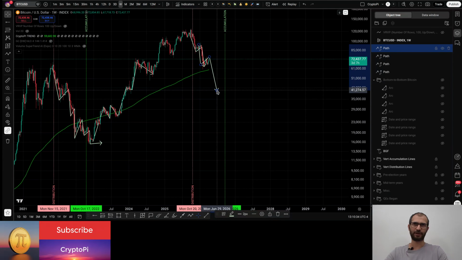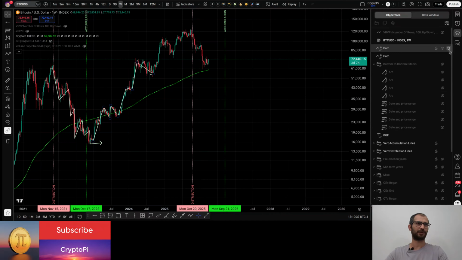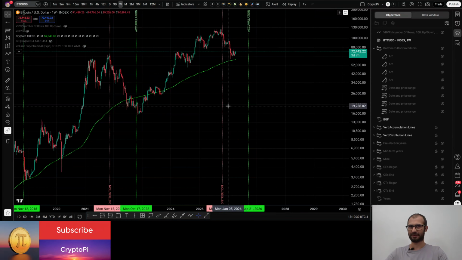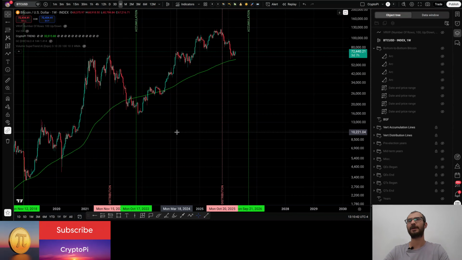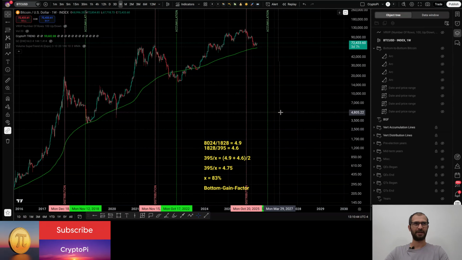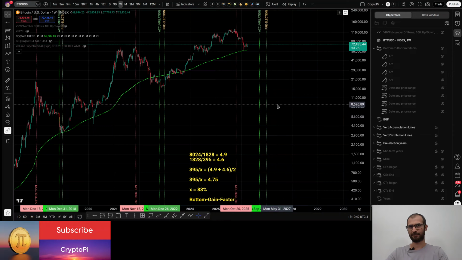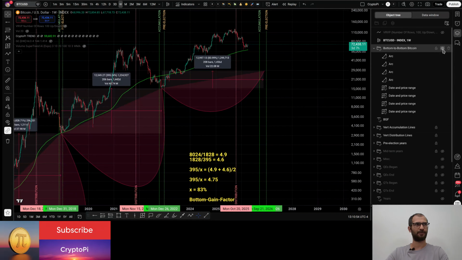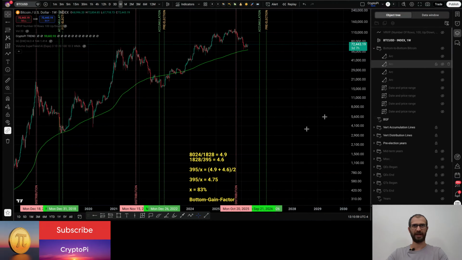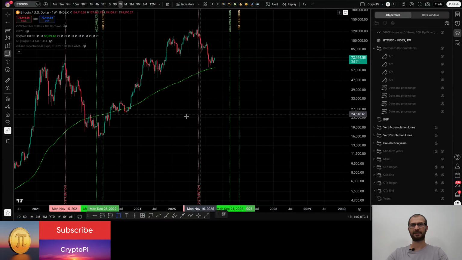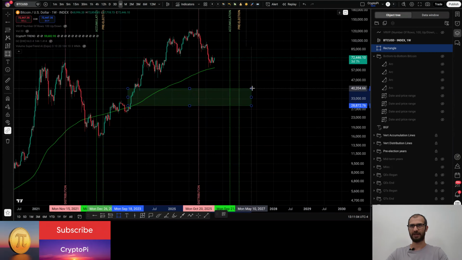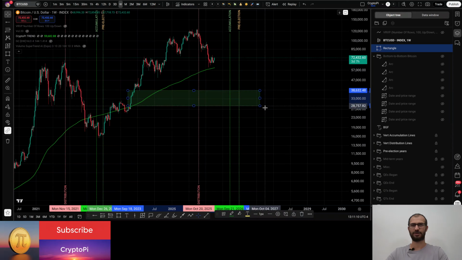So looking at these three confluences, it gives a bit more of a practical or realistic path on where the price might go. We have now two of the estimations. The first estimation which we did was the bottom gain factor, which gives us a range of price from 28,000 till, let's be more flexible, 38,000.